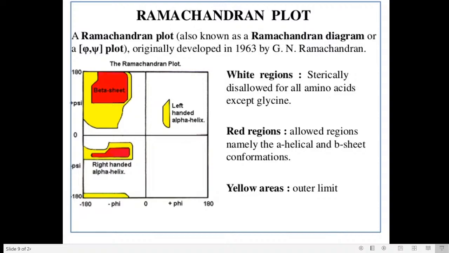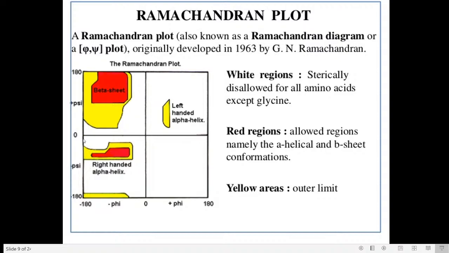I am telling the basic things, but they are all very important, because in the exam they provide a paragraph of question with this basic information. We need to understand the concept and answer it. The x axis carries the phi values, and the y axis carries the psi values.